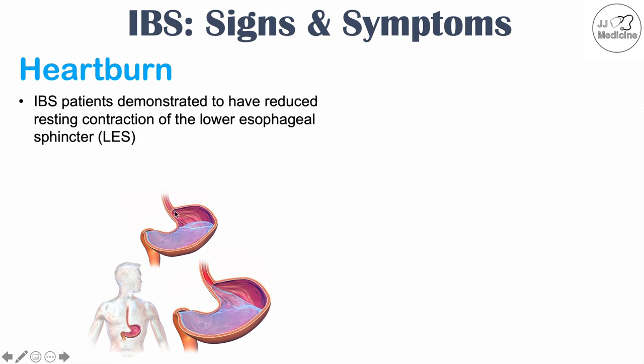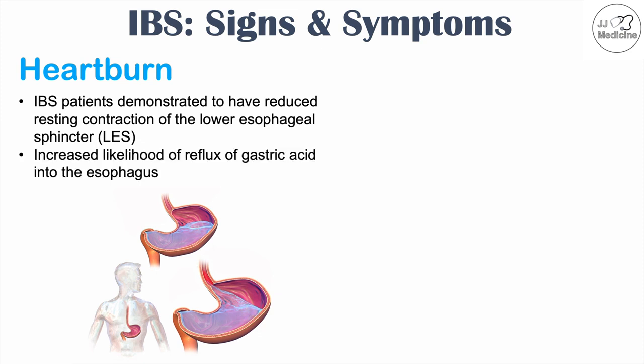So this is supposed to be contracted and closed to prevent that. But with patients who have IBS, they may have issues with reduced resting contraction of the lower esophageal sphincter. So this lower esophageal sphincter can open inappropriately, allowing gastric contents to reflux up into the esophagus. So again, this increases the likelihood of reflux of gastric acid into the esophagus, causing that sensation of heartburn.